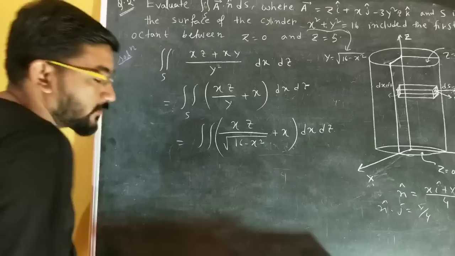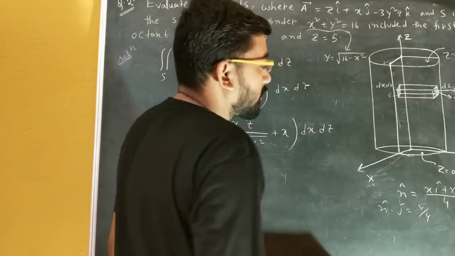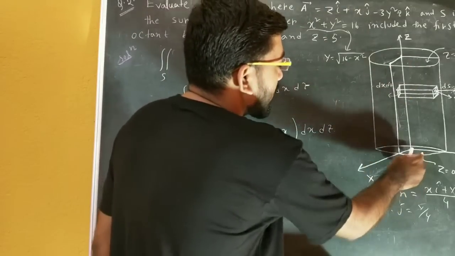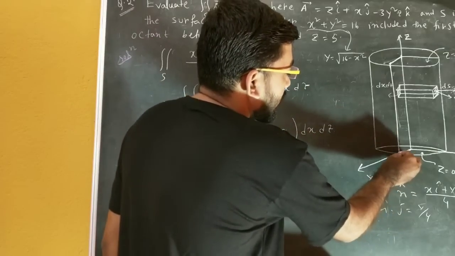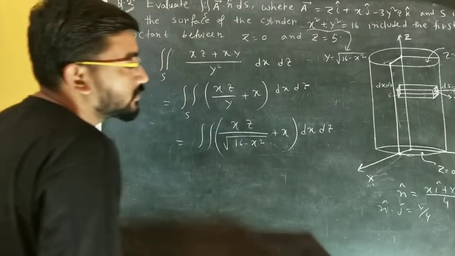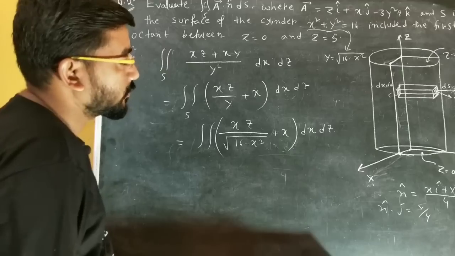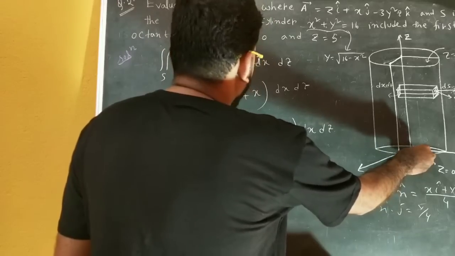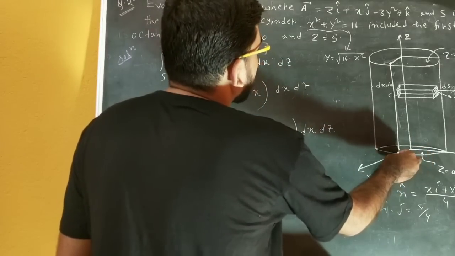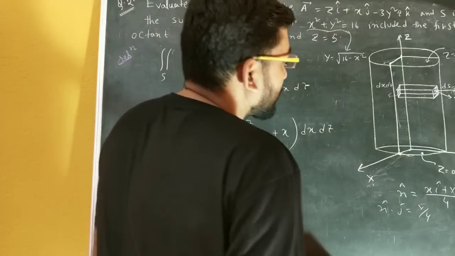Now z will vary from 0 to 5 and x will vary from here to here. Can you tell me what this point is? This is the xy plane, so x will vary from 0 to this point, and this point will be 4 because x square plus y square is equal to 16.